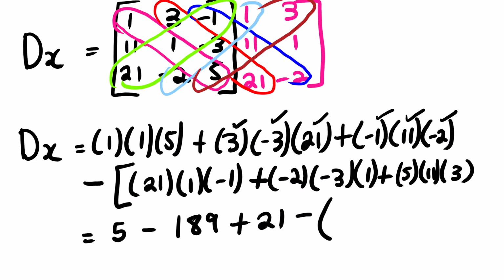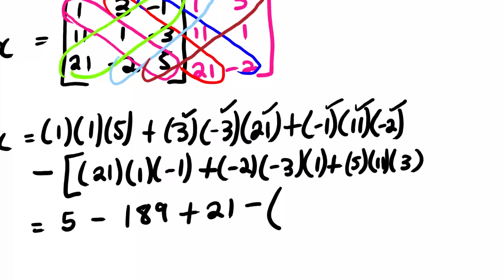Minus our second diagonals. 21 multiplied by 1 multiplied by -1 is -21.